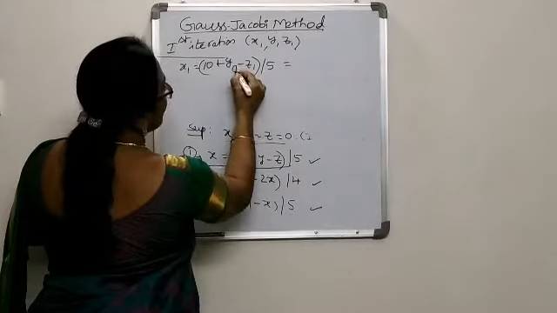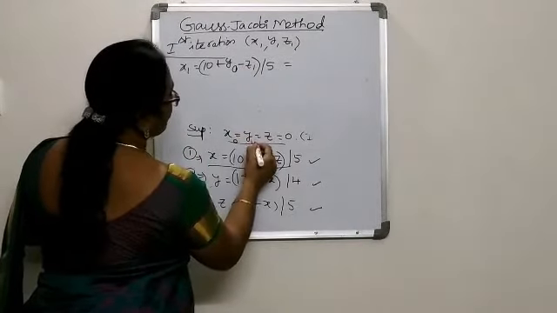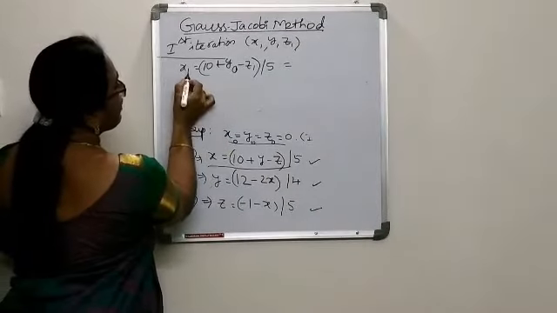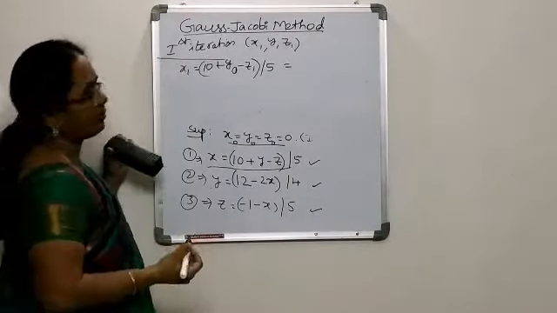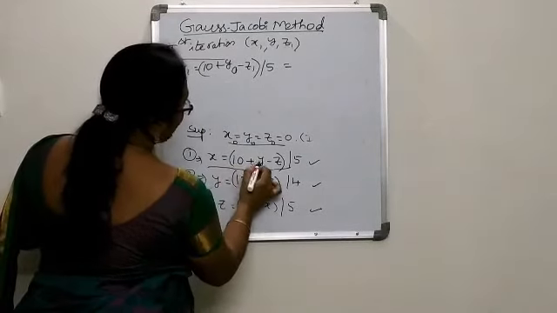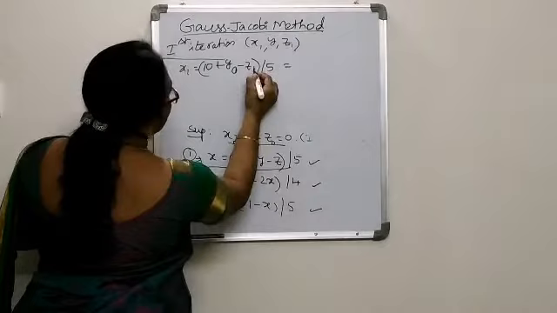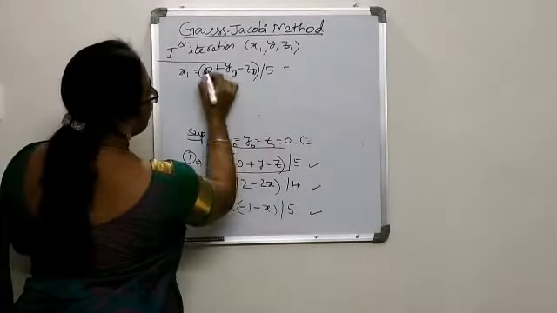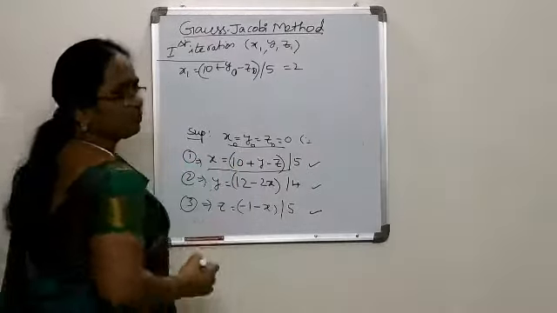Let us suppose that these are the initial values x0, y0, z0, and we are using this suffix for approximation values, right? So we have x1 equal to (10 plus y0 minus z0) by 5. Because y0 and z0 are 0, we have 10 by 5 equal to 2.